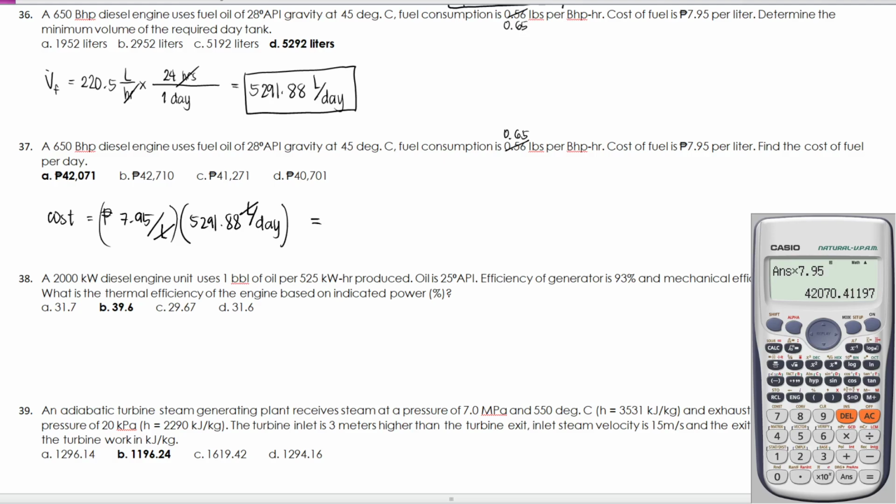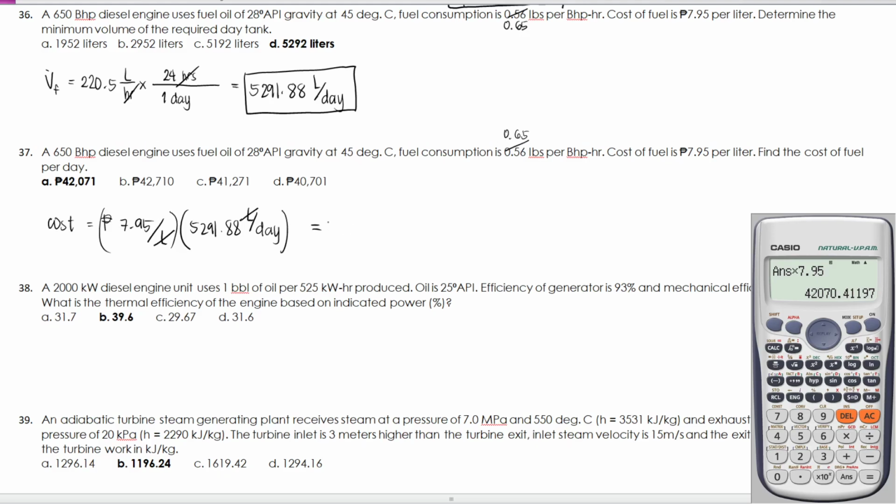So that is 42,070.41. So malapit pa rin naman to 42,071 pesos. So 42,070.41 or 42,071 pesos. Okay? So, ganun lang yung ating problem na to.